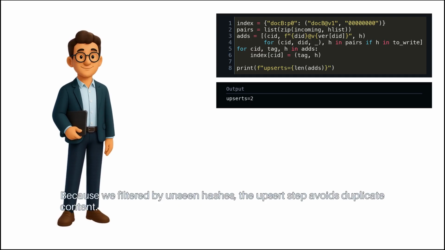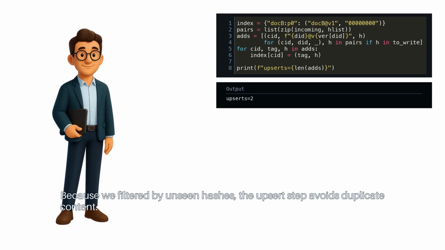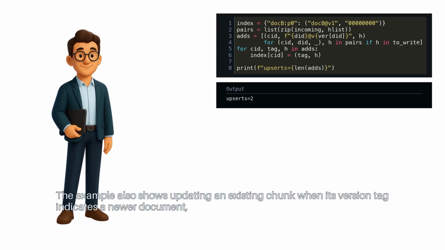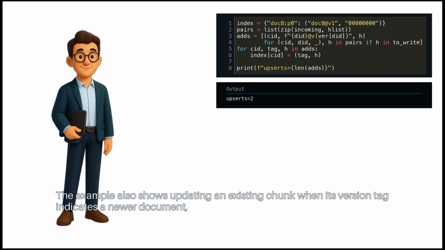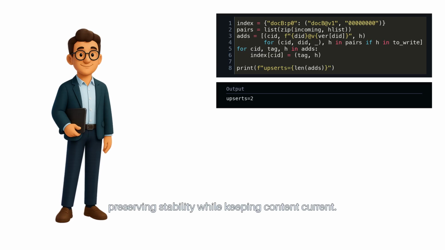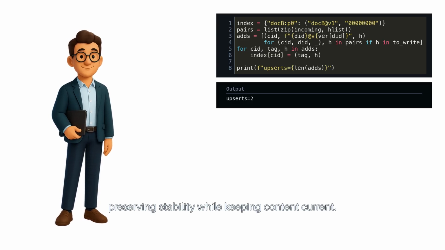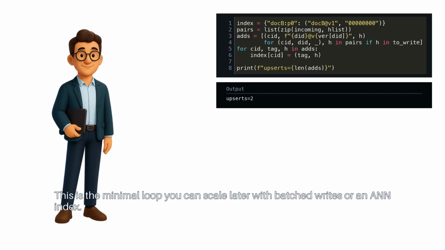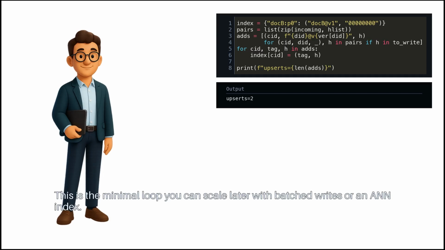Because we filtered by unseen hashes, the upsert step avoids duplicate content. The example also shows updating an existing chunk when its version tag indicates a newer document, preserving stability while keeping content current. This is the minimal loop you can scale later with batched writes or an ANN index.